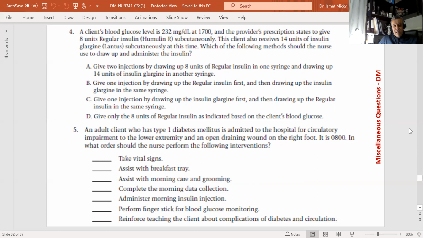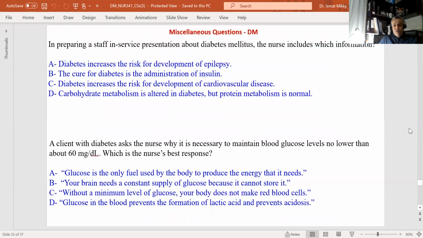Lastly, you will reinforce the patient teaching about the complications of diabetes mellitus when there is adequate time, and when the client is not tired or distracted by other activities. Next question, answer is C.